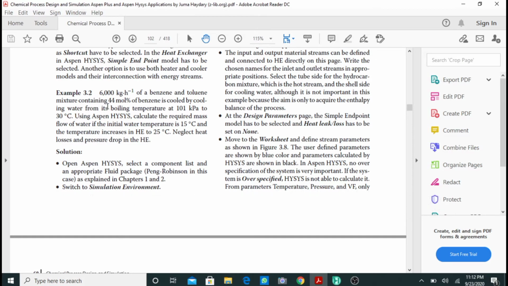So we have a mixture of benzene and toluene whose temperature is decreased from its boiling point to 30 degrees, and water is used for cooling, and its temperature is increased from 15 to 25 degrees. So let's start, and neglect heat losses and pressure drop in the heat exchanger, that is written in the problem.